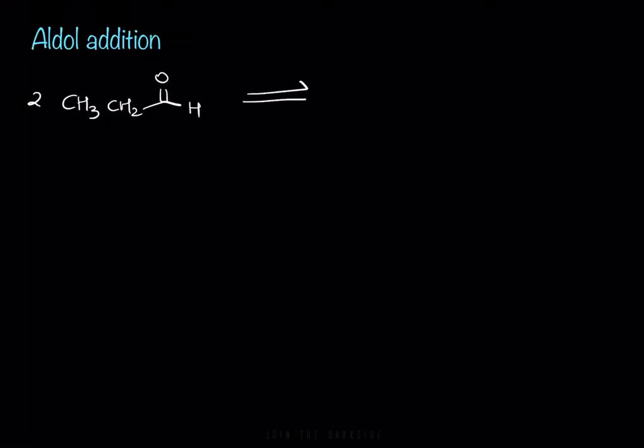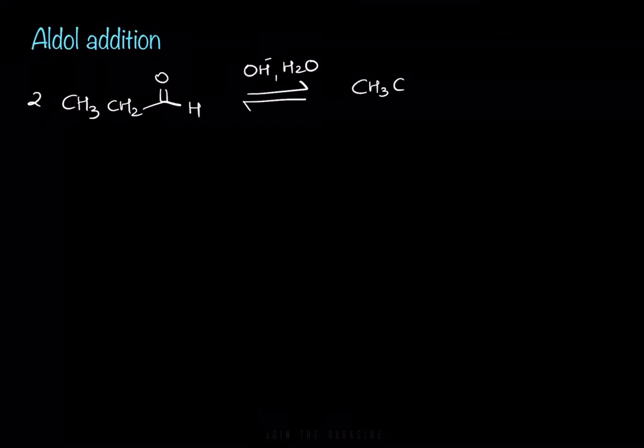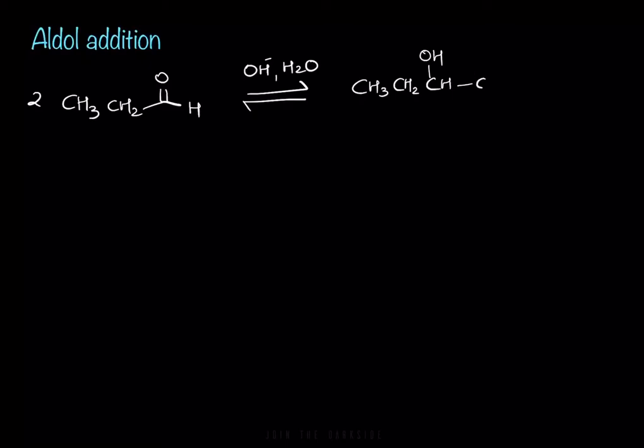Now let's draw the structures for this reaction. You're going to take 2 moles of the aldehyde, and again you can do exactly the same thing for ketone. The mechanism is going to be the same as well. This reaction is going to be reversible, and they are going to give beta hydroxyaldehydes. So this is the product.